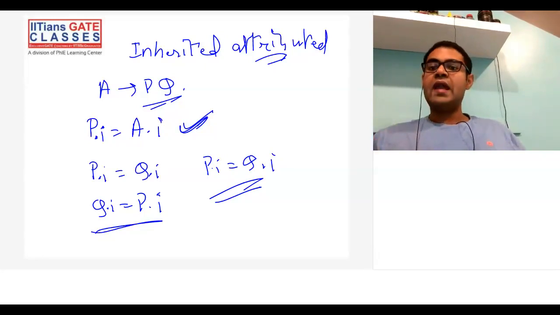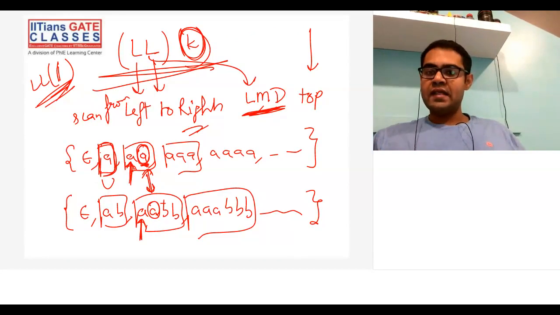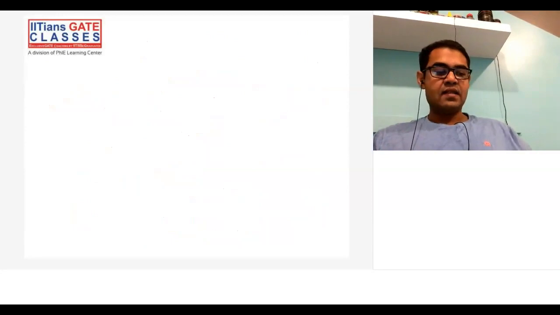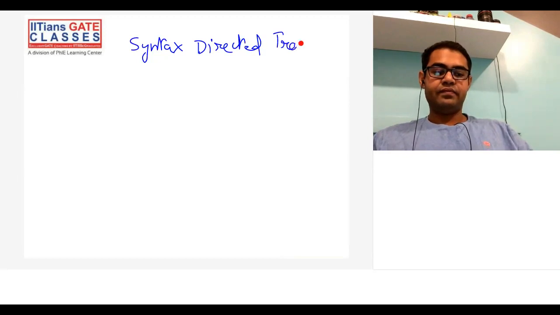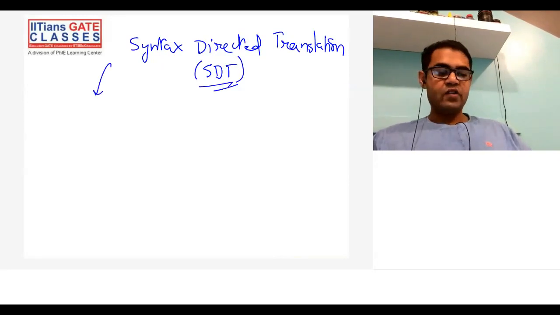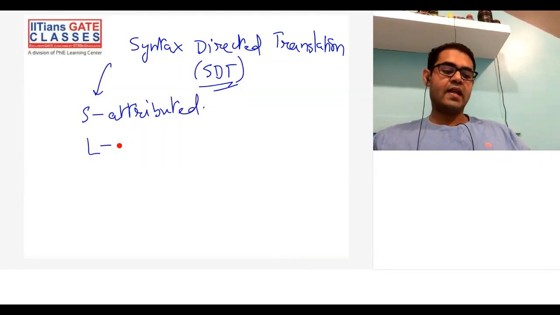Now I'll go to L attributed and S attributed. Okay. What is SDT? SDT is syntax directed translation. Okay. So there are two kinds of SDTs. One is S attributed and the second one is L attributed.